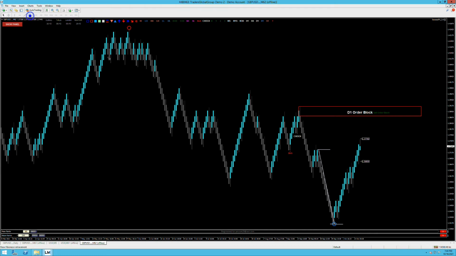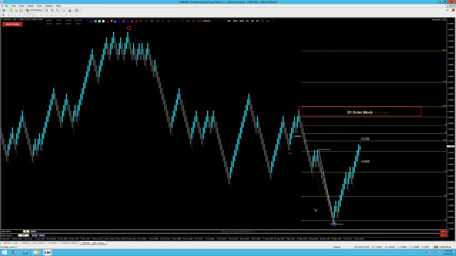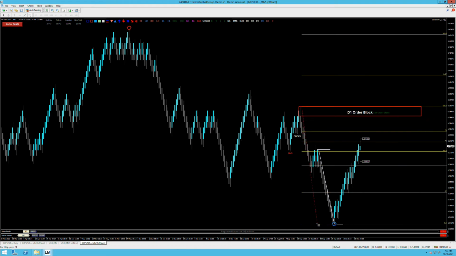From a Fibonacci perspective, we do know that anything above the 50% is a nice premium, and it runs right into, let's say, the 886 area. We may come up to the 79 right here. It's very possible, which we're very close to.